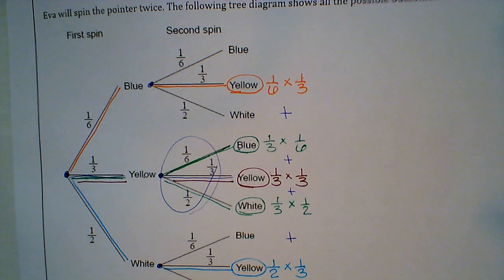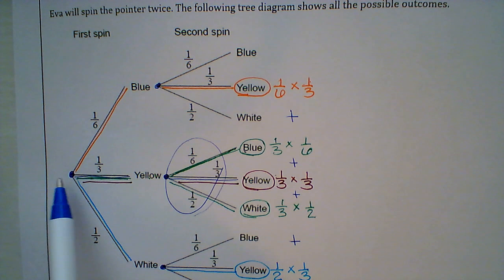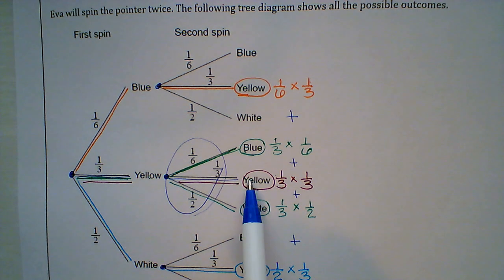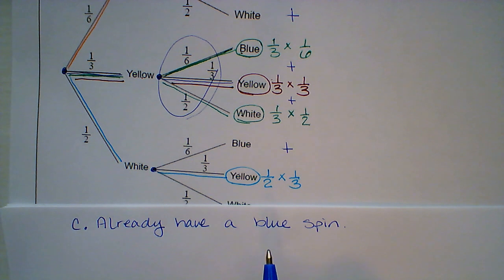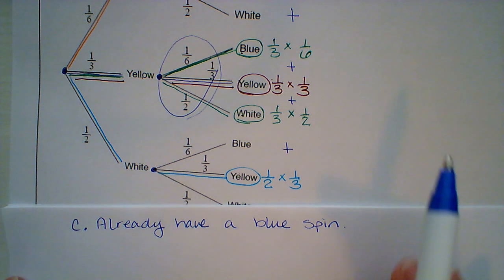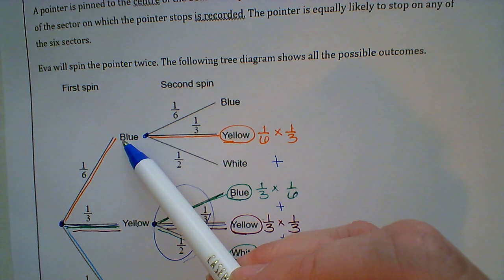You can't just apparate up to the top of a tree. You have to start at the beginning and work your way over. Well, when we have a given, that's almost like apparating to the middle of the tree. What that means is I'm going to start and I know I have a blue.